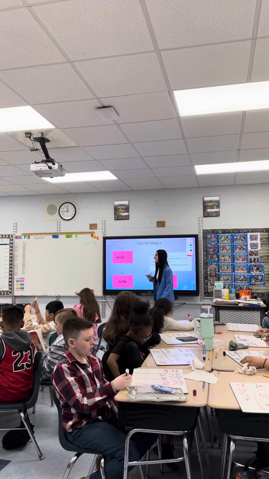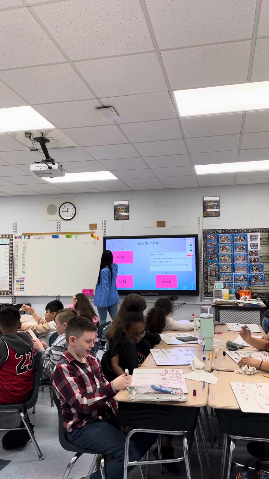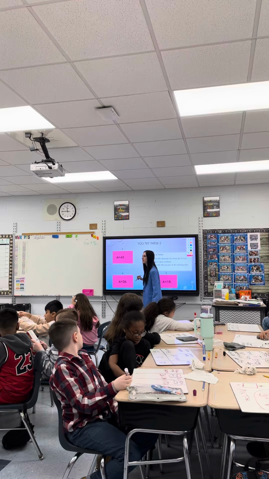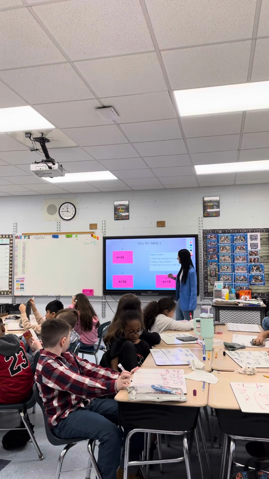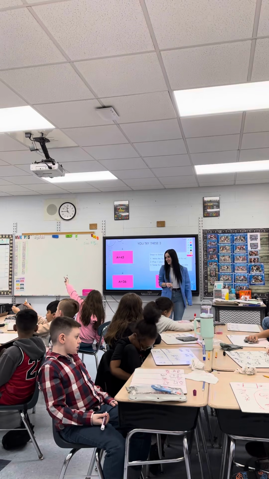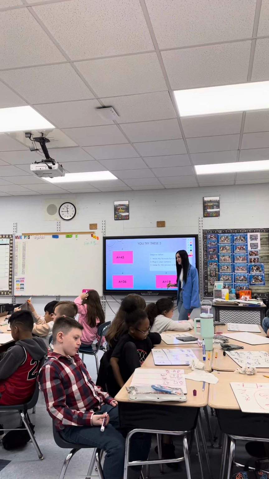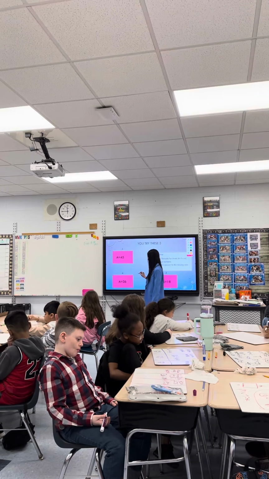Victoria? I got 9. And how did you do that? What strategy was it that you used? I used the count. You skip counted. Okay. My next one. Go ahead. What did you use? I used division and I got 9.